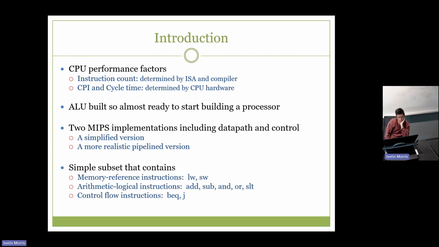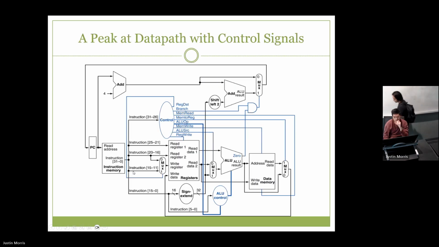So we're continuing on this chapter with single cycle in mind. We're still looking at this more simplified version of the MIPS implementation. And this is our data path, but now we've added this control block. And what's input into the control block? Good. Opcode, right?